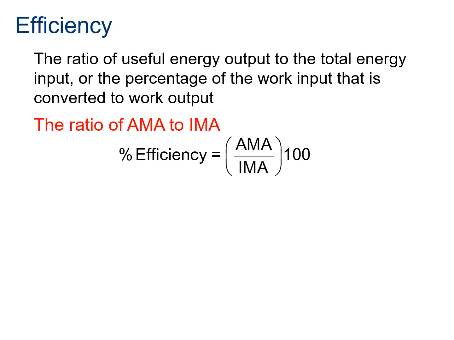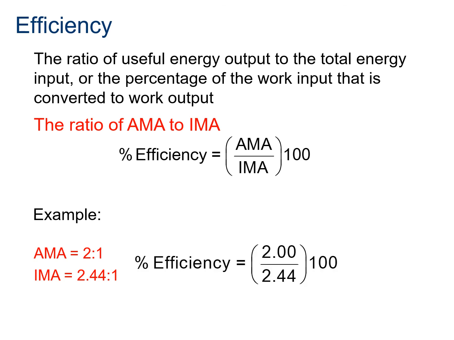So the percentage efficiency is AMA over IMA times 100%. For example, if we calculated an AMA of 2 to 1 and the IMA was 2.44 to 1, we could then use that information to calculate the efficiency, putting it into that equation. In this case, we would get an efficiency of 82%.